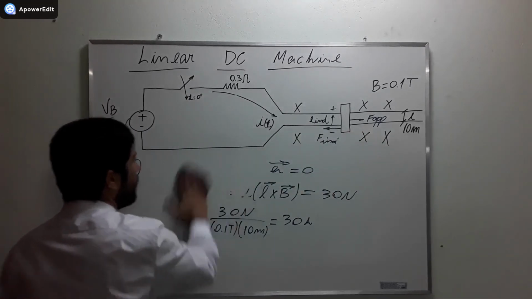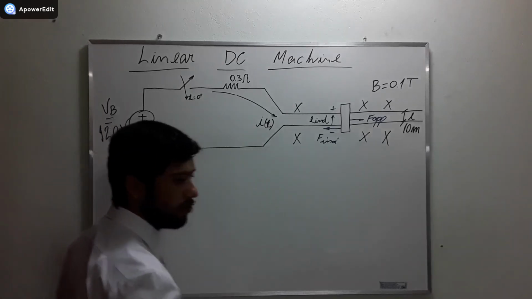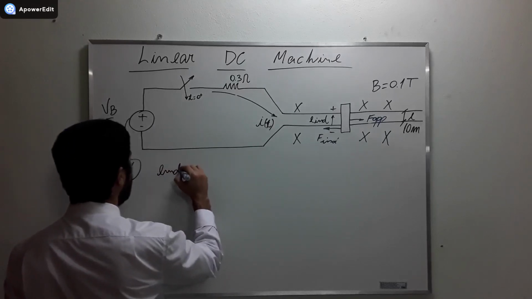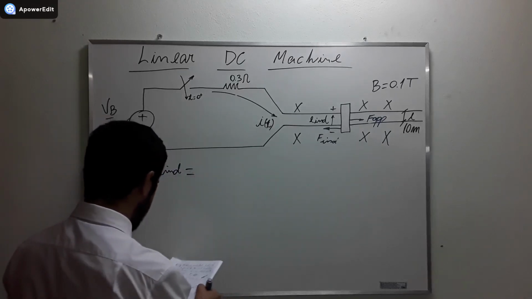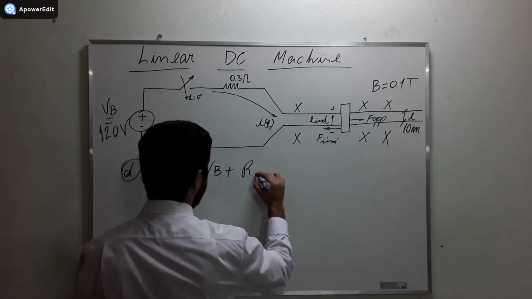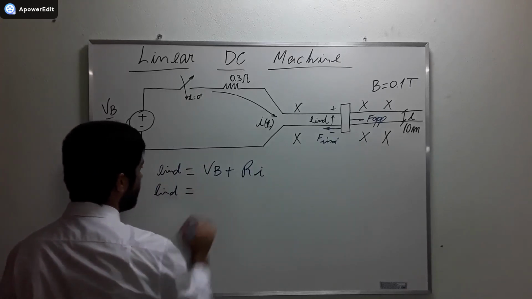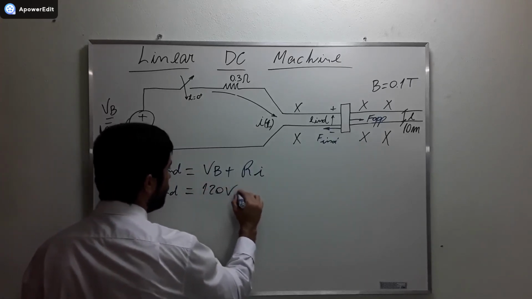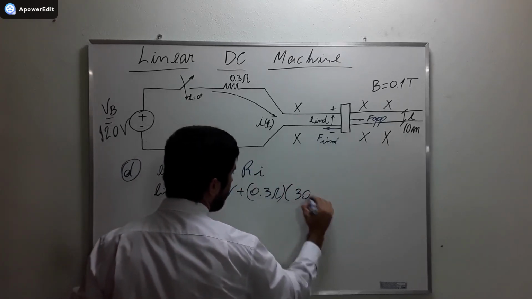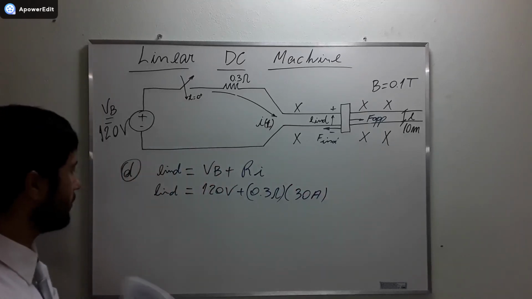Alright, my friends, let's finish the exercise. We are almost over. And then the induced voltage that's being generated is going to be equal to the voltage of the battery plus the resistance times the current. Okay, the induced voltage is going to then be 120 volts plus 0.3 ohms times the current. Okay, wasn't it what we calculated?